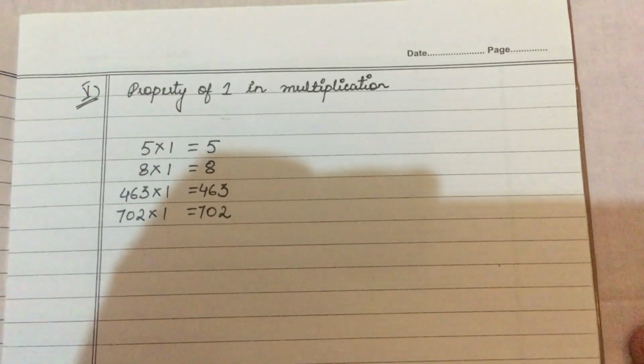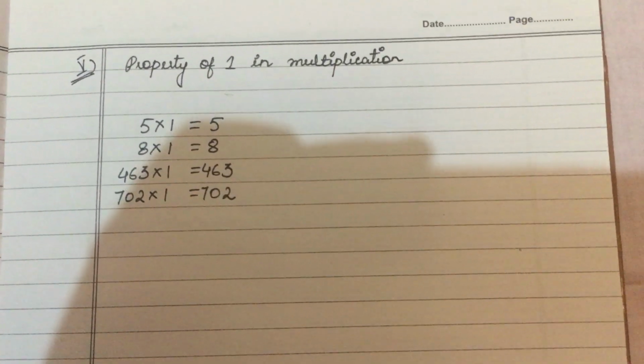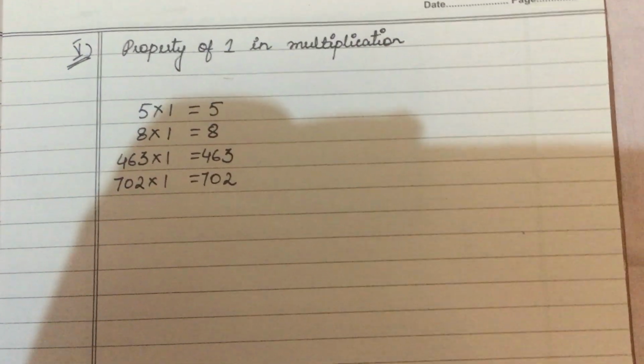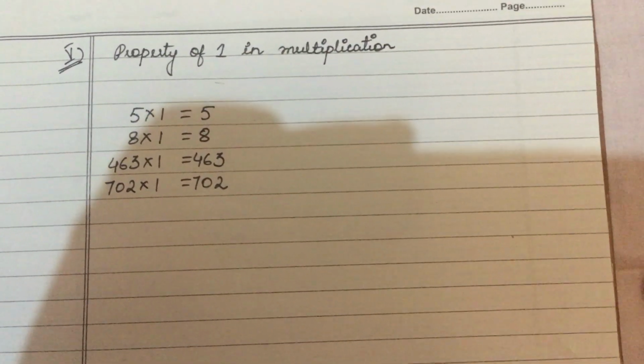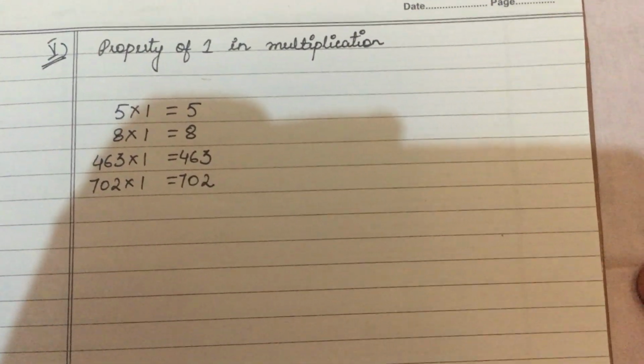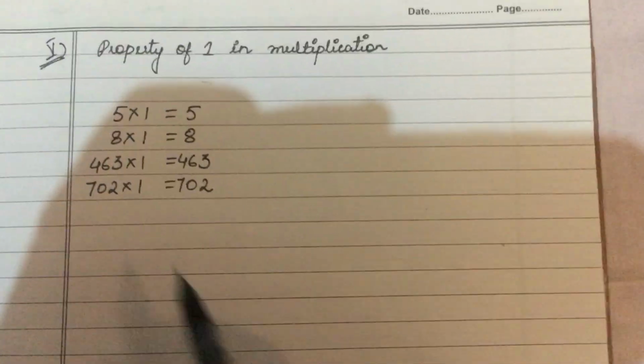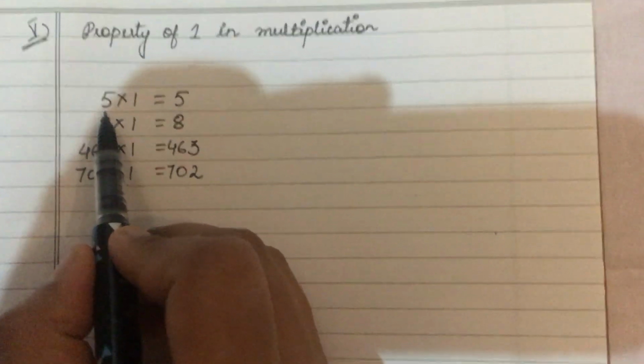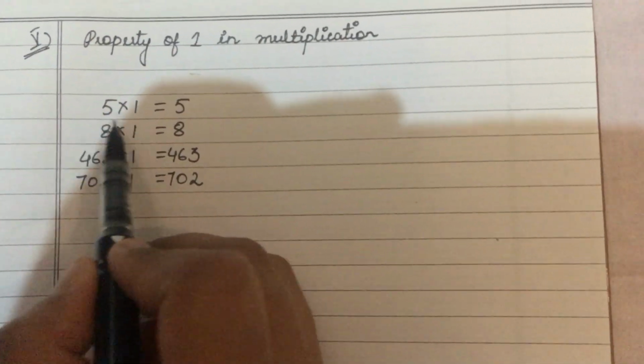Let's start with the property of 1 in multiplication. Now, if a number is multiplied by 1, as you can see, the product is equal to that number. Here, 5 is the number multiplied by 1. They both are factors.